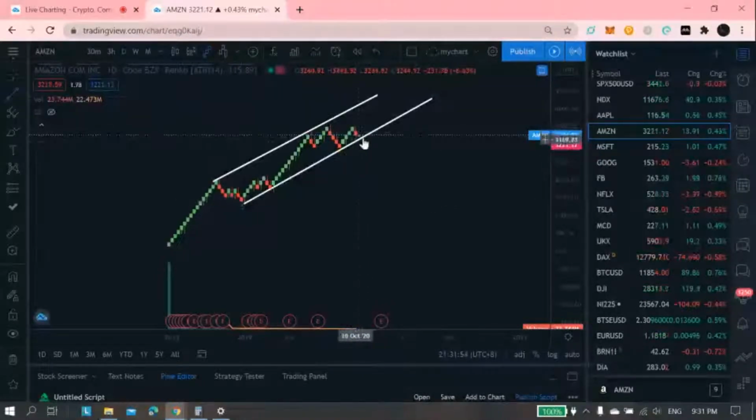So I think it could possibly create a new Renko, which will retest around this 3,000 area here. So this is the 3,000 area, 3,100 area.